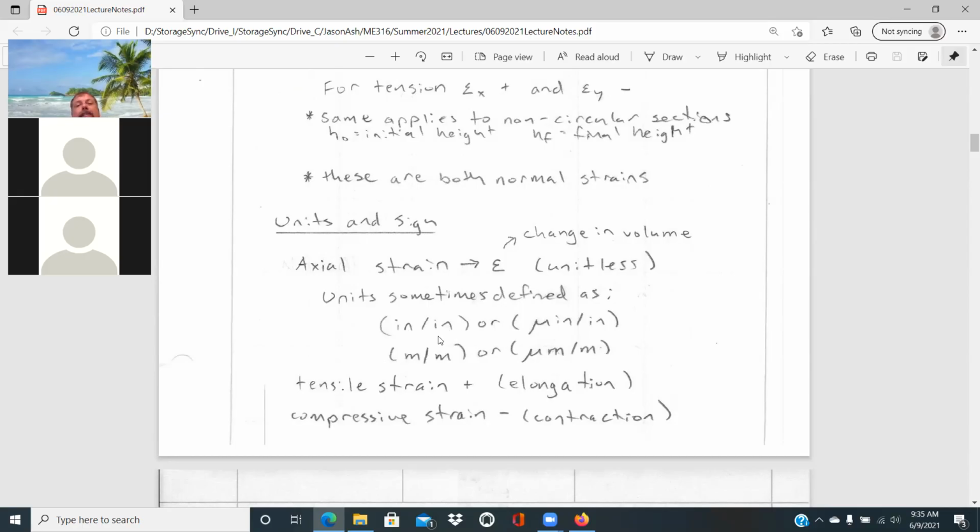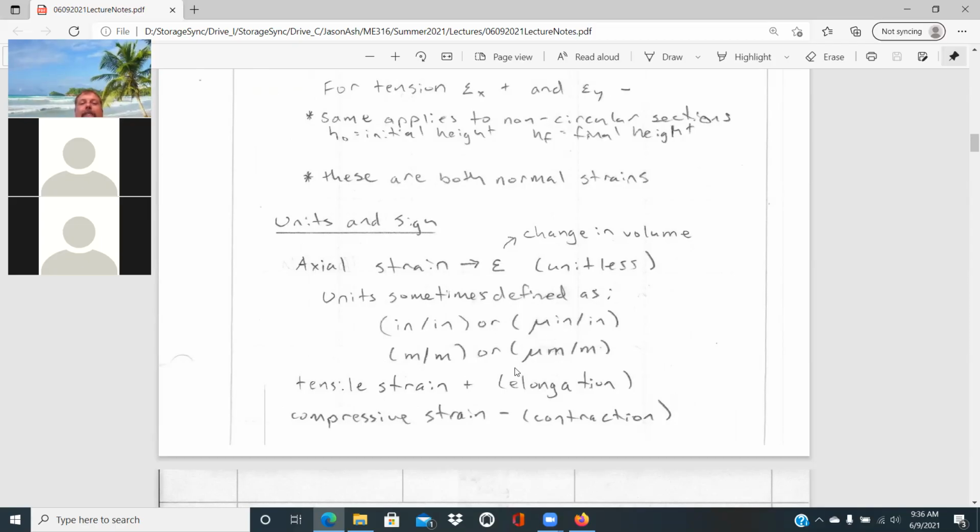But then a sleight of hand trick is to not have to deal with scientific notation. You can put a micro inch per inch, and that'll then take care of your scientific notation where you're dealing with 100 micro strain. And so that would be 100 micro inch per inch.